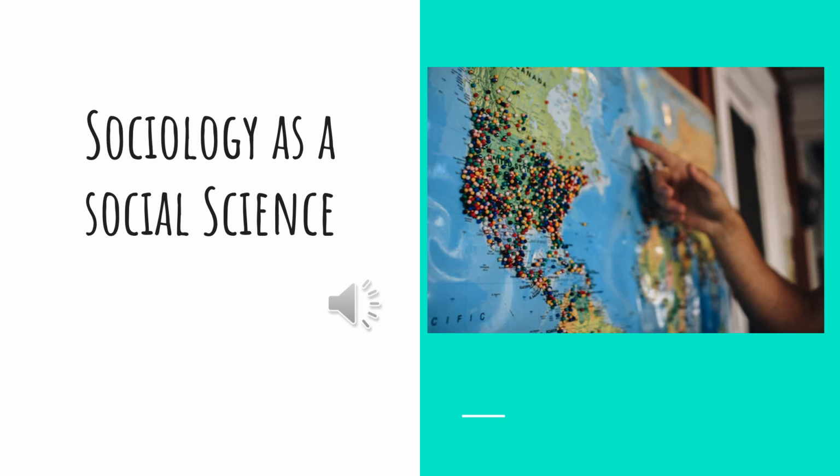The other thing we have to differentiate with sociology as a social science is how sociology is different from what we commonly refer to as common sense. Common sense is what each individual culture determines to be the conventional wisdom. What do we commonly all take to be known as true? We can do that because we have, as a society, a similar belief system and a similar language and culture, so therefore common sense can be understood.